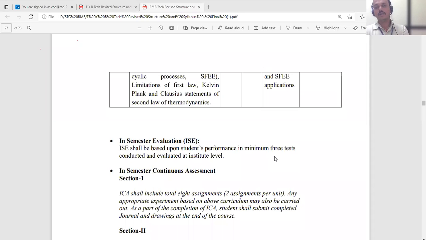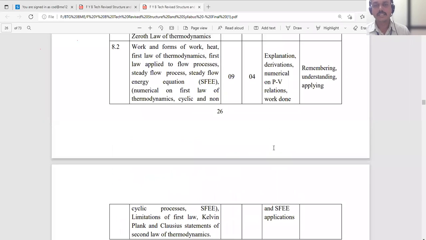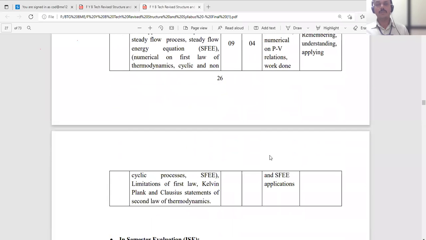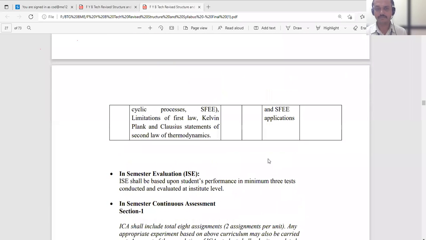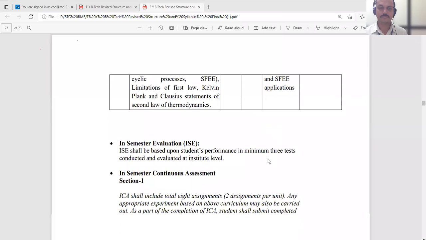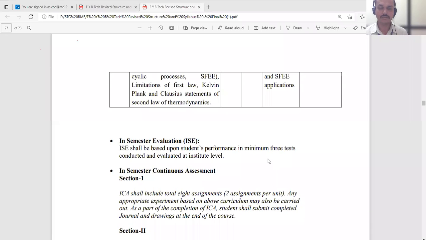Kelvin, Planck and Clausius statements of second law of thermodynamics. Full stop. This point is having weightage of 9 marks. Okay, so this is our syllabus.